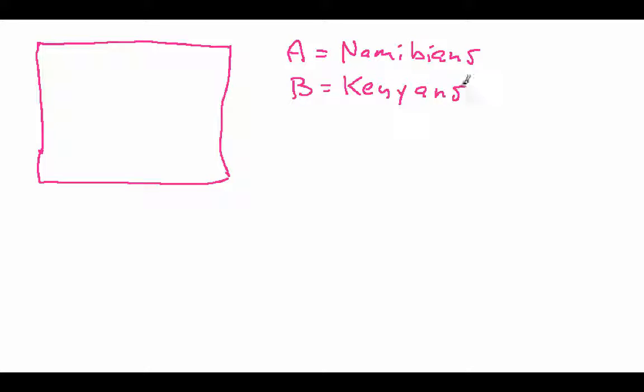All right, let's draw another picture here. I'm going to stick with red just for variety. So here's our universe. Why don't we let A, I'm going to be very informal here, be Namibians. Why don't we let B equal Kenyans? Why don't we let C equal basketball players?